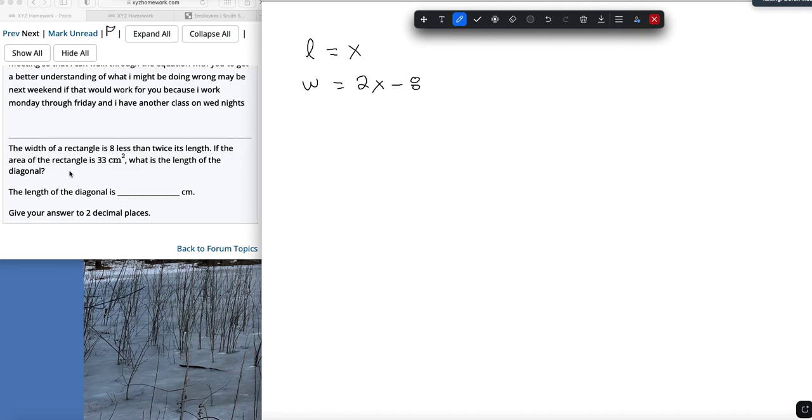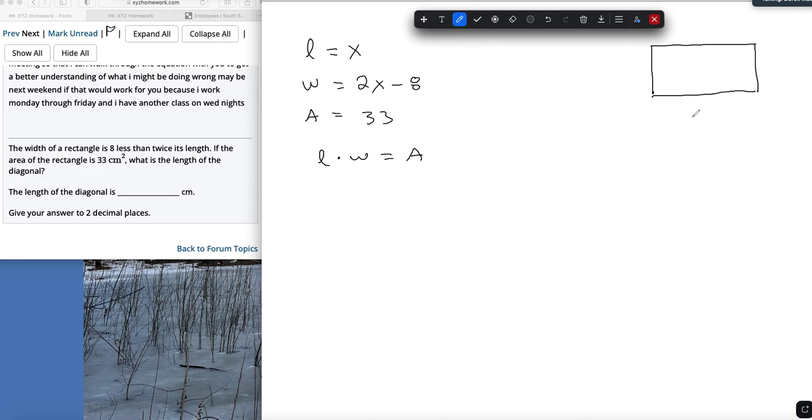The other thing it gave us was the area of the rectangle. So the area equals 33. I'm going to leave the units off for simplicity. And what we're trying to find is actually the diagonal, not the area. The area of a rectangle is length times width equals area.